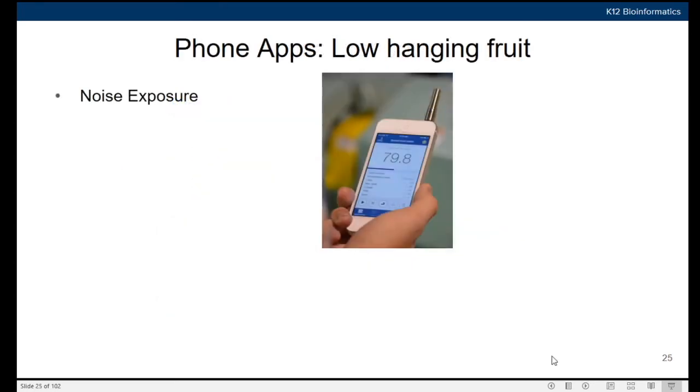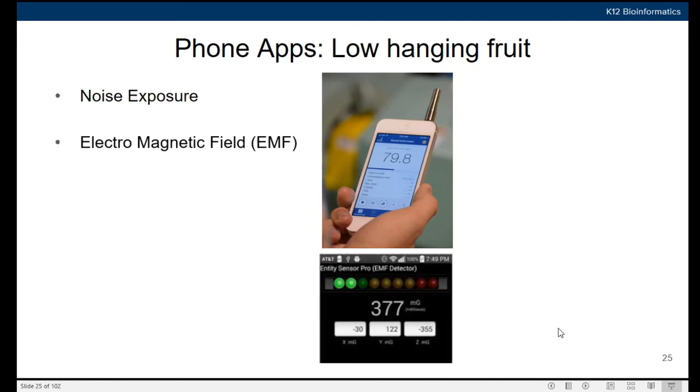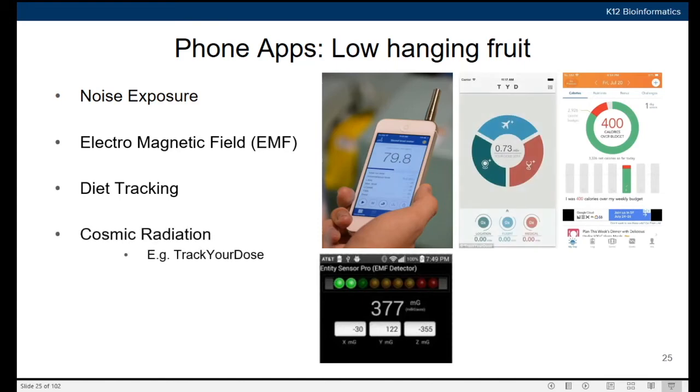As suggested previously, smartphone applications provide a low-hanging fruit strategy to gather additional exposure information utilizing the built-in features of the phone, as well as cleverly designed applications. Some existing phone apps for measuring exposure include noise exposure, electromagnetic field or EMF, diet tracking, and cosmic radiation, such as the Track Your Dose app.